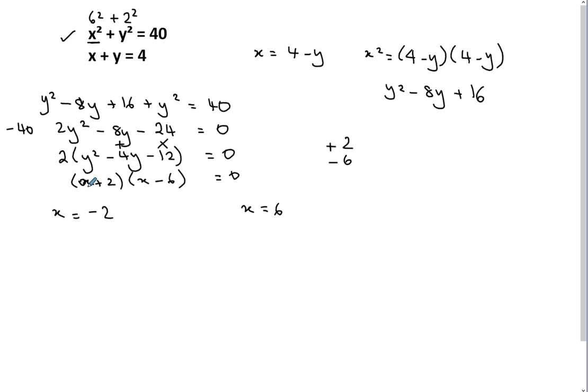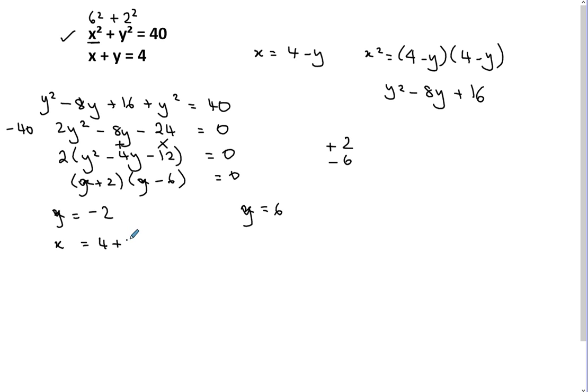Somebody tell me, so used to doing the x first, so y equals 6. Now let's go figure out our x. So x equals 4 minus y, so 4, and then minus times minus will be positive.